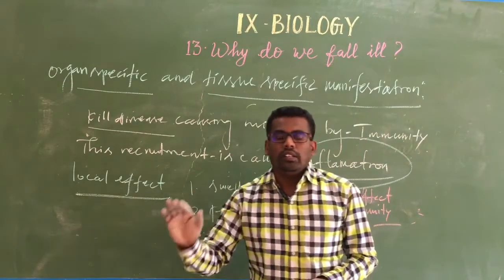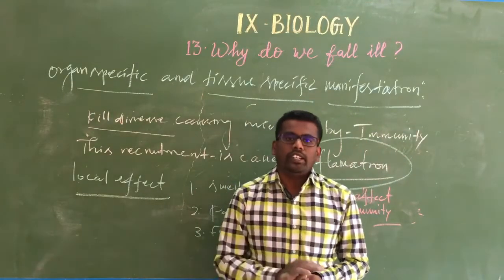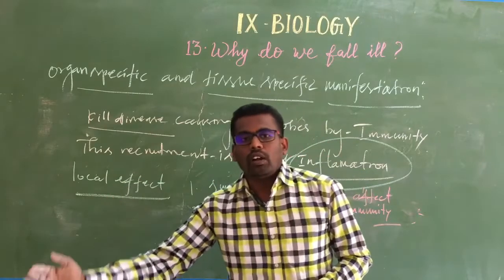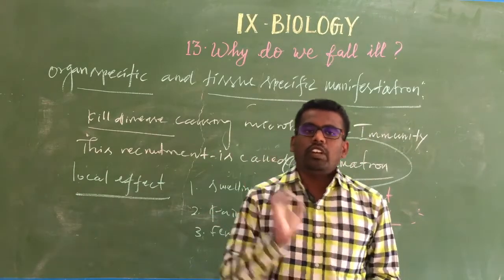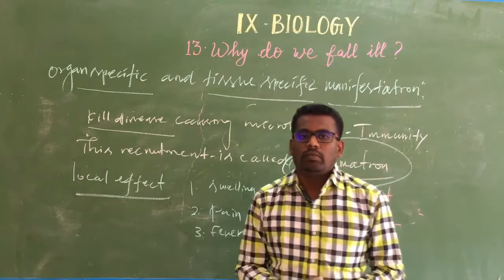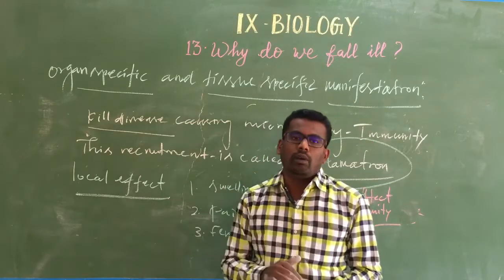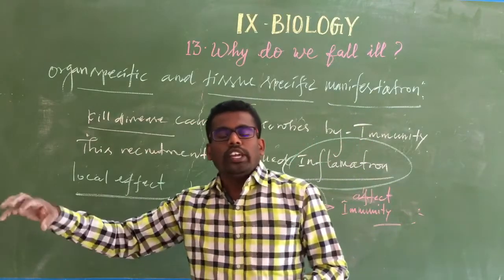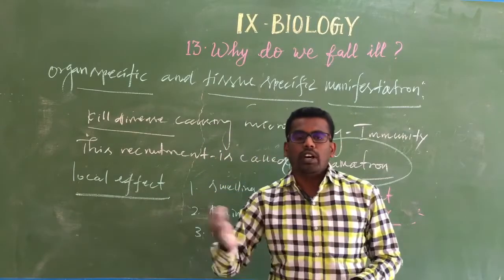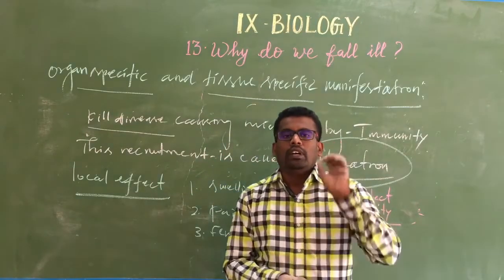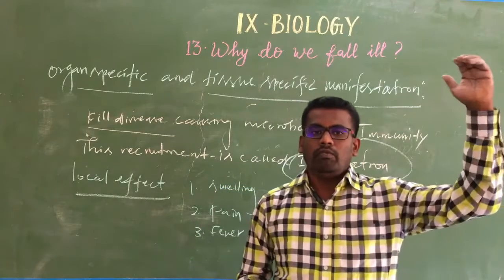Because the amount of microorganism decides it. If the microorganisms are few, the severity of the disease is less. Suppose the microorganism is too much, then the severity of the disease will be high.